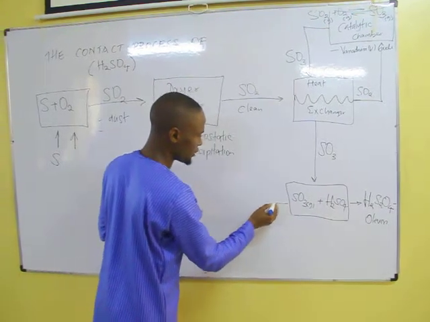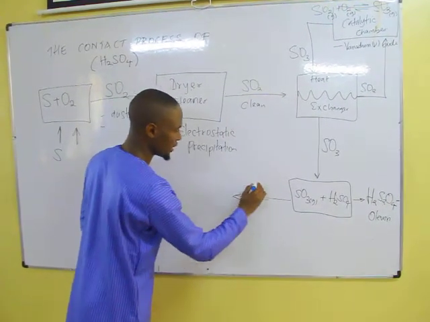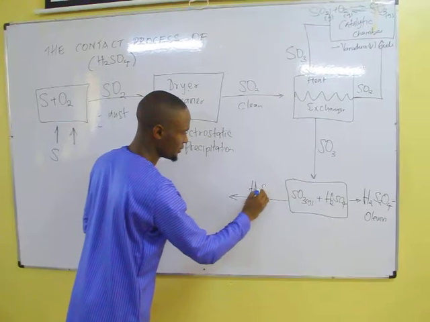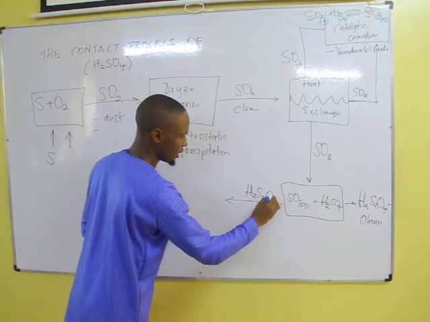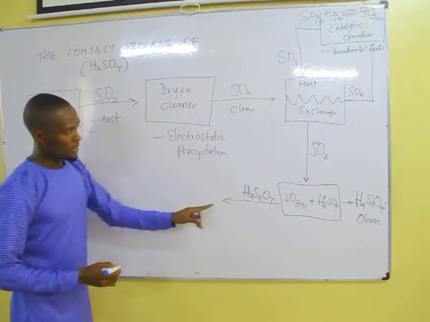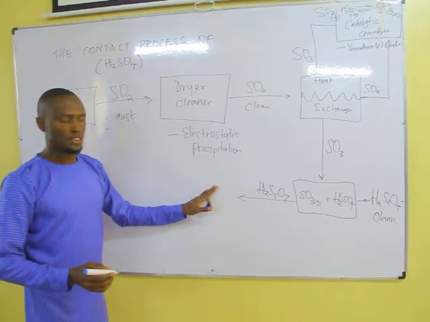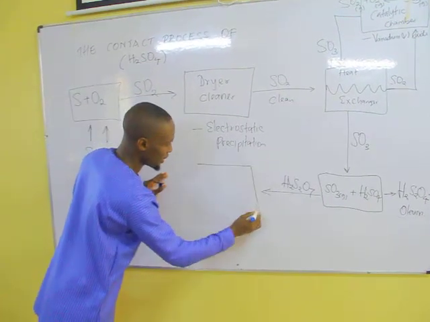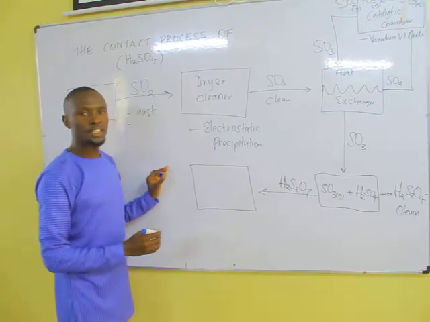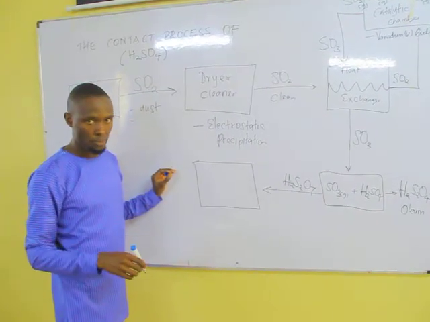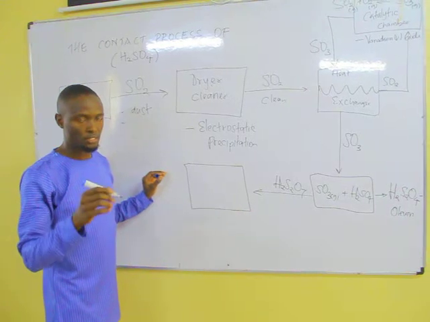That means from this chamber, the compound formed is oleum, H2S2O7, like this. This oleum, therefore, is taken to another chamber here, where it is reacted with water for us to collect sulfuric acid.